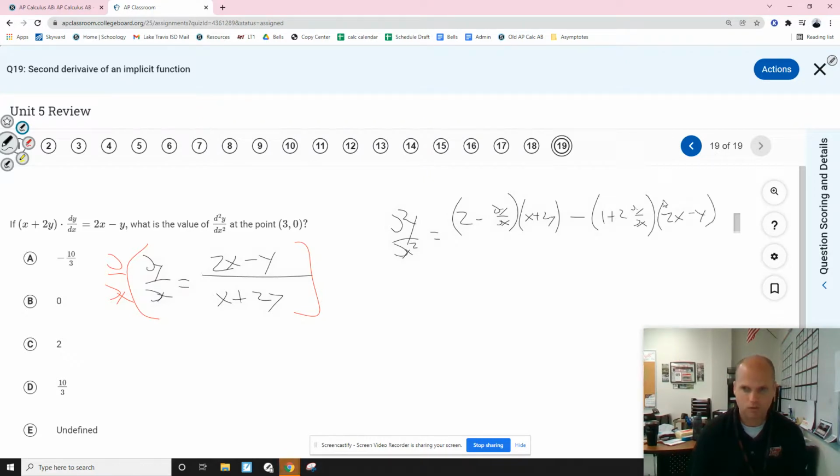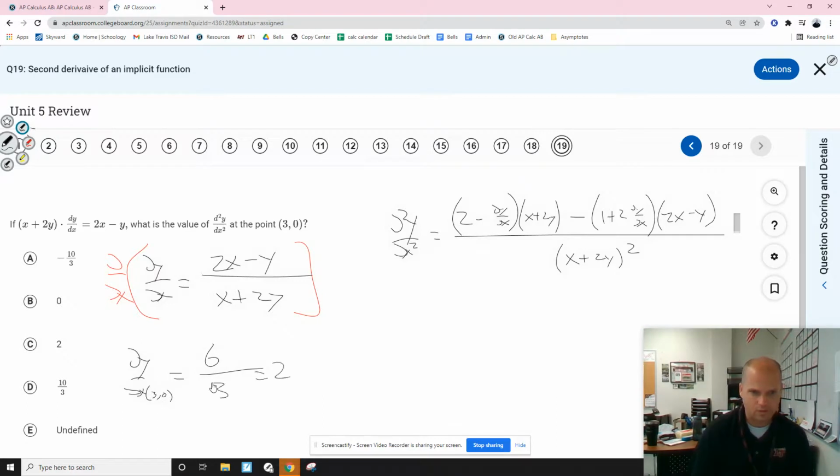Oh, so gross. All over the bottom squared. Fortunately, I have the point (3, 0). I'm going to need dy/dx at (3, 0). So 6 over 3, which is 2. Okay, let's find the second derivative at (3, 0).